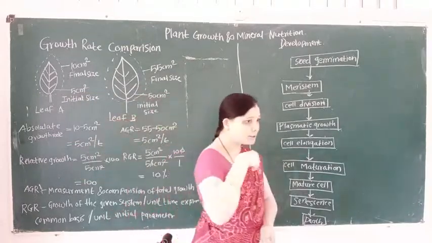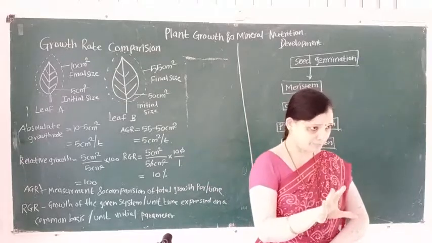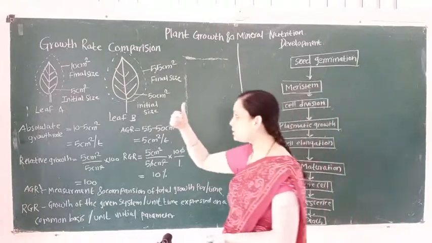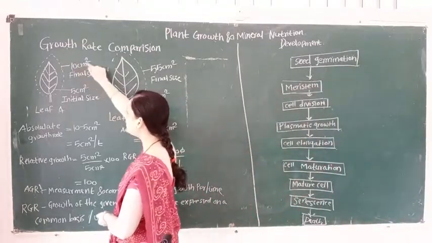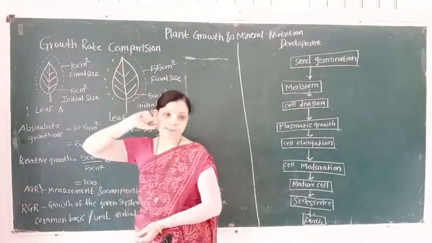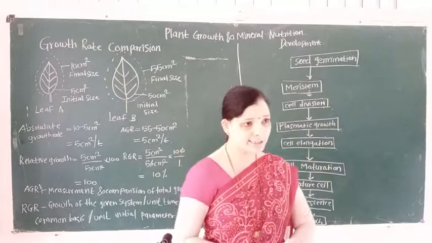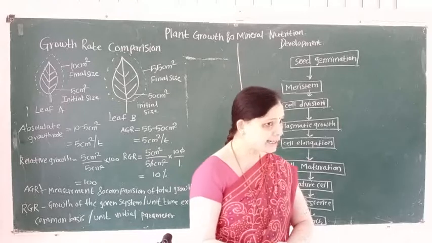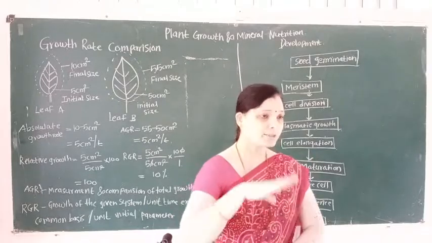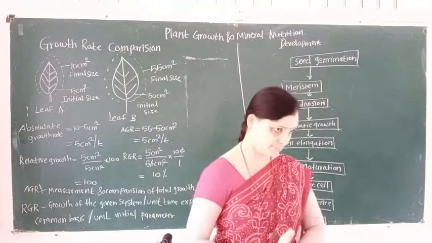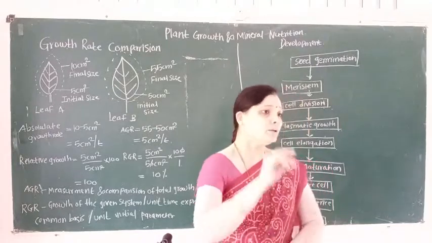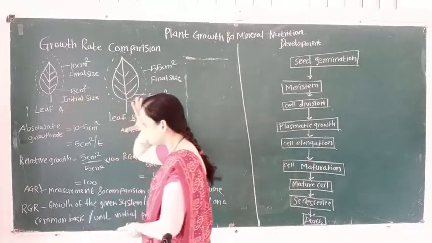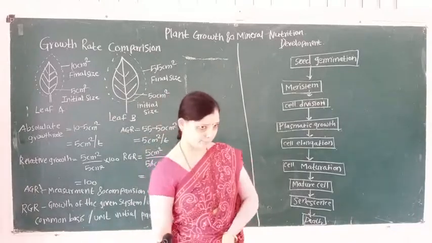And after some period the leaf expands and grows in size, that is leaf A shows a final size of 10 centimeter square. So here we calculate the absolute growth rate.